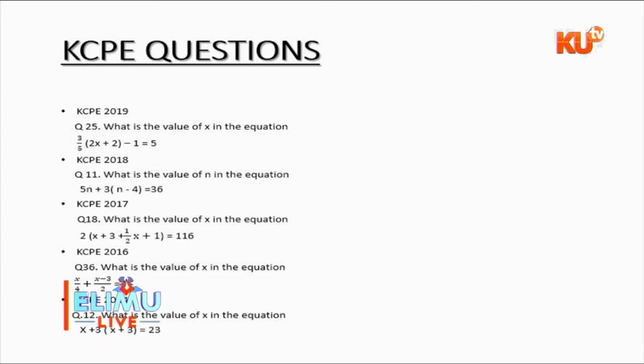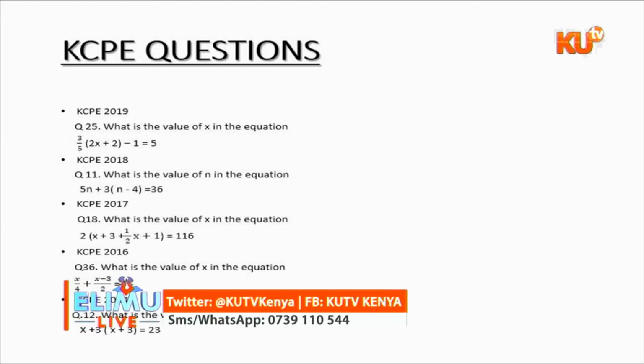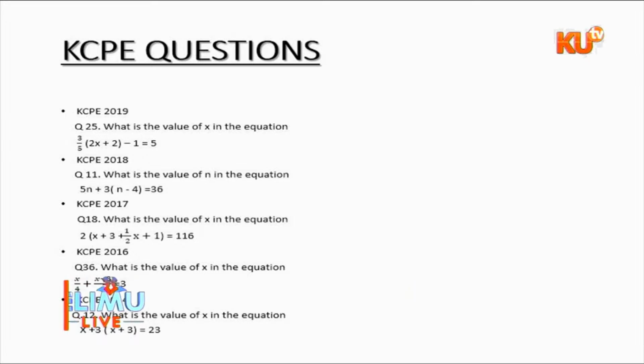And the equation was 3/5 bracket 2x plus 2 minus 1 is equal to 5.